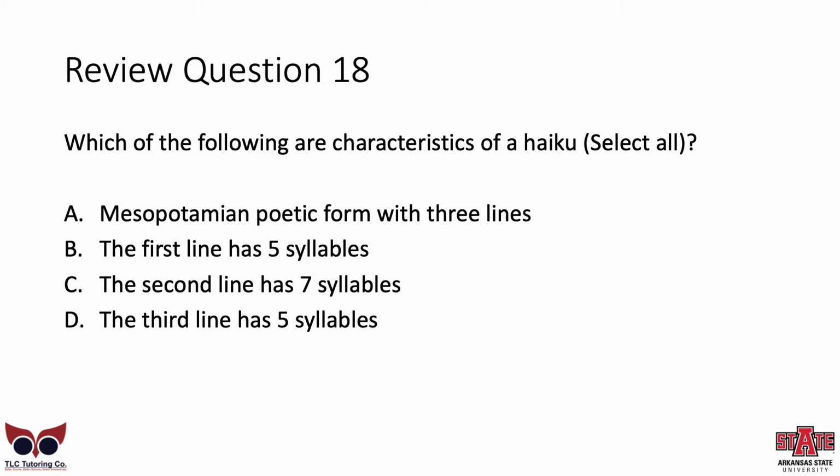Which of the following are characteristic of a haiku? Select all that apply. A Mesopotamian poetic form with 3 lines. The first line has 5 syllables, the second line has 7 syllables, the third line has 5 syllables. Remember, select all that apply.